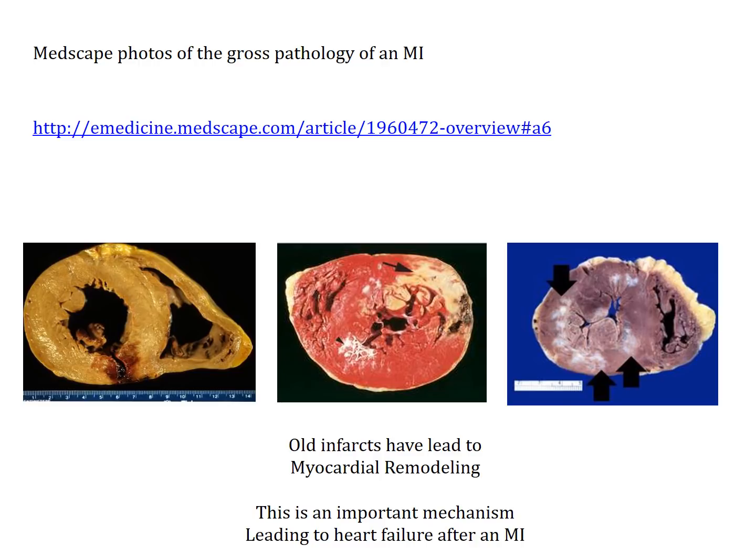Small infarcts, or infarcts which are survived, can lead to long-term pathology to ventricular conduction. Impaired conduction is an important mechanism that can lead to heart failure.